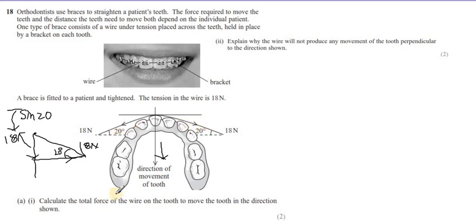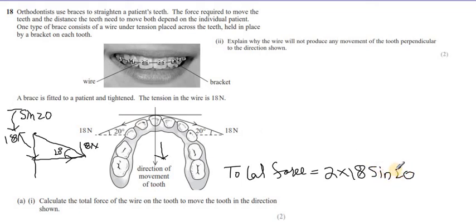So the total force for the wire is 2 times of 18 sine 20, and if you calculate this, the total force F is 12.3 Newton.